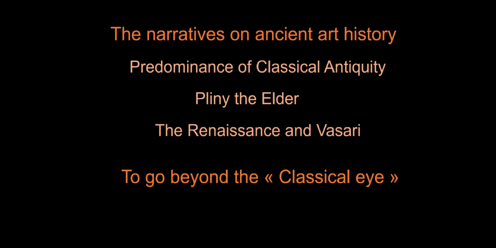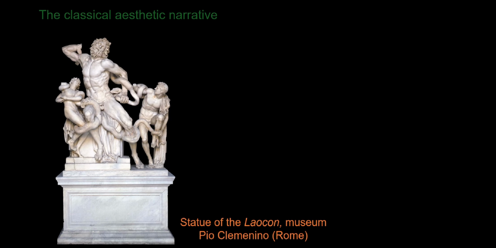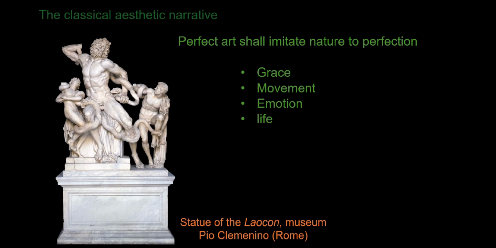The narrative on classical aesthetics has been long developed, since Pliny the Elder at least, and then takes root during the Renaissance with the rediscovery of classical antiquity. The classical aesthetics narrative is complex, but we could sum it up by saying that it is based on the idea that perfect art shall imitate nature to perfection through a formal shape that renders grace, movement, emotion, and life.